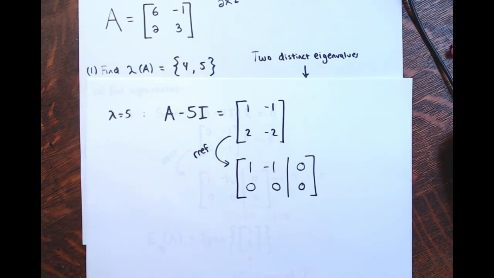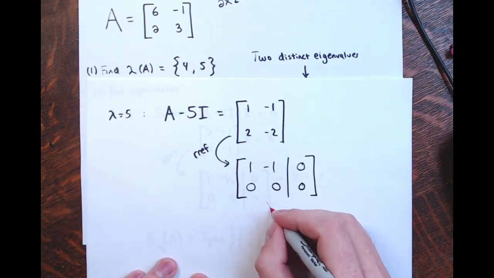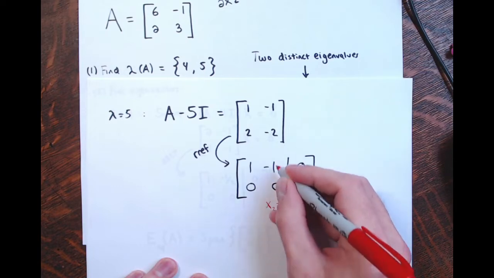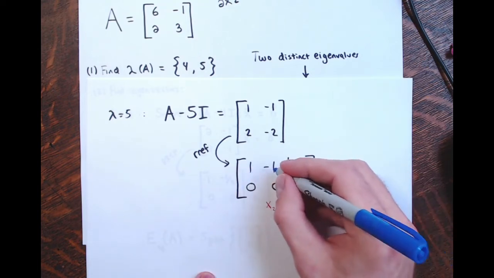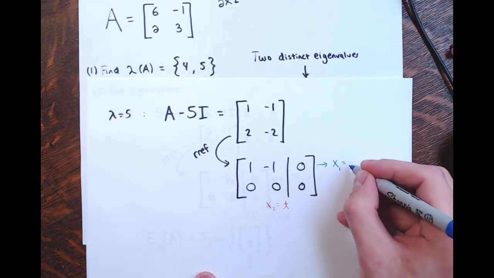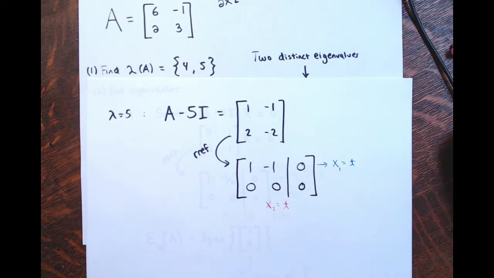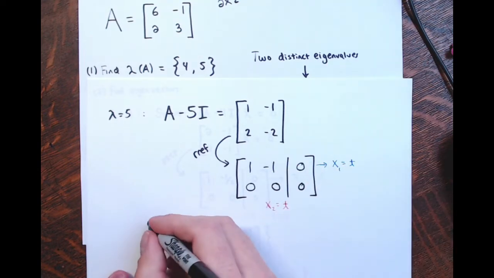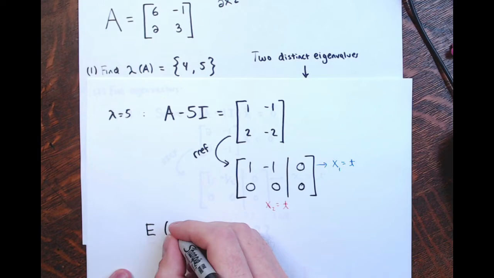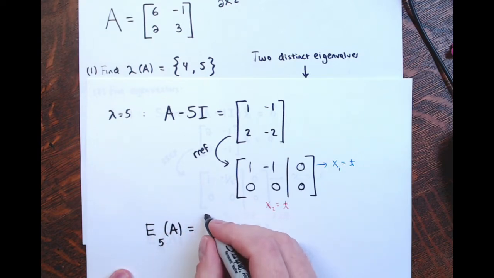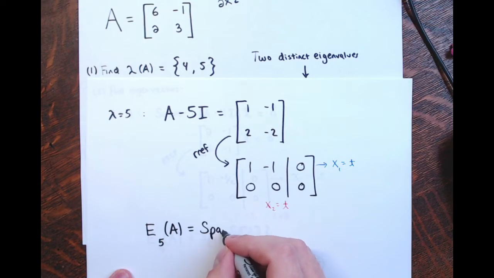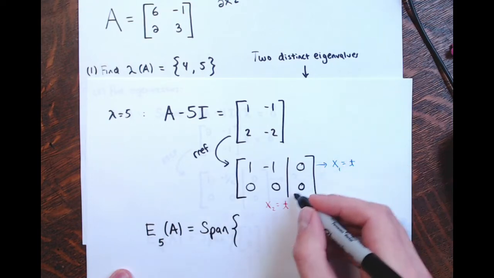And my second variable here, x2, would be free. It's not a pivot column. I'll just let it be t. Then from the first row, x1 would have to be equal to t. So the eigenspace of A corresponding to lambda equals 5 is the span of the vector (1, 1).